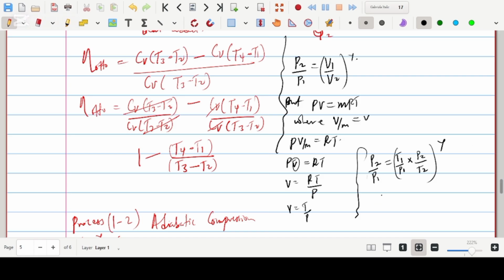Is that taken? So I can now write P2 over P1 is equals to (T1 over T2) raised to gamma.